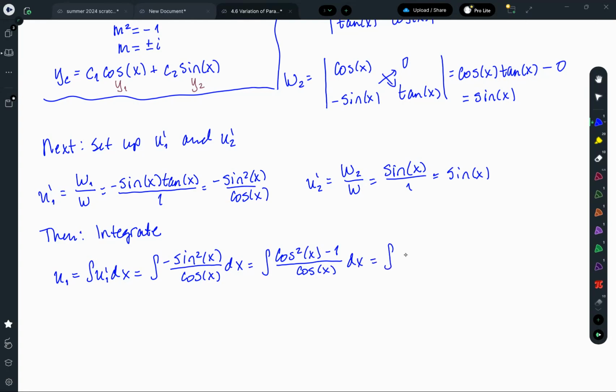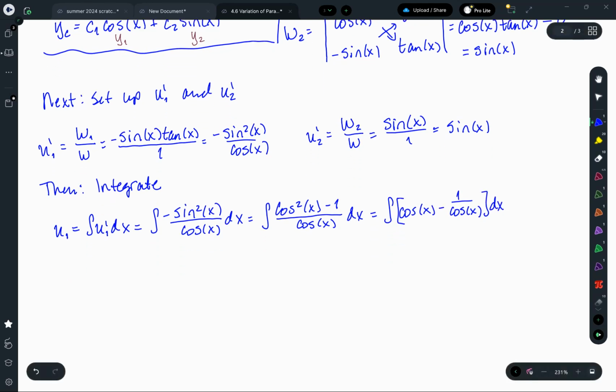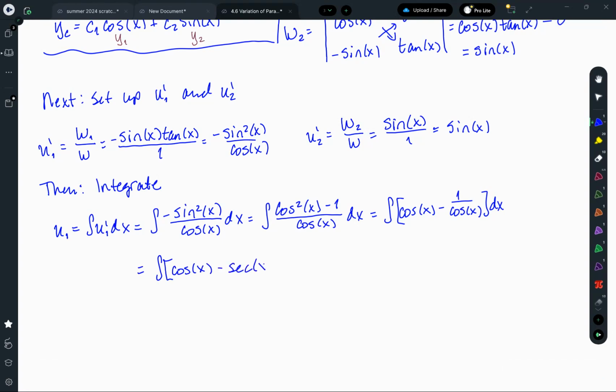This becomes just a cosine of x minus 1 over cosine of x dx. Well, 1 over cosine of x is just secant, so I think this is going to work for me. I get the integral of cosine of x minus secant of x dx.